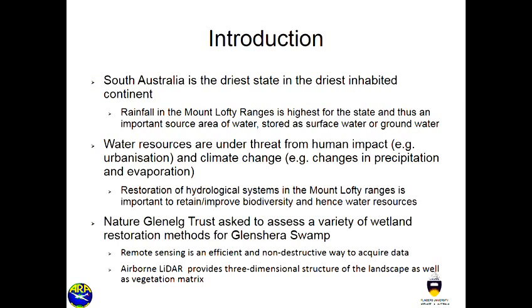Then last year we were asked by Nature Glenelg Trust, and Mark Bachmann talked about that in detail, to do LIDAR measurements for Glenshera Swamp, which is in the Stipiturus Conservation Park on the Fleurieu Peninsula.